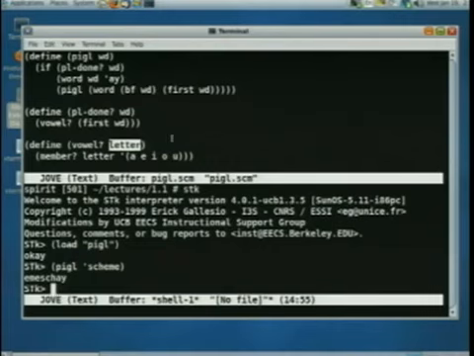So when we call vowel question mark, for example, vowel question mark of S, we're going to substitute S for the formal parameter in this expression. Scheme doesn't care what word you use as a formal parameter, as long as it's not the name of a primitive or something that you need.